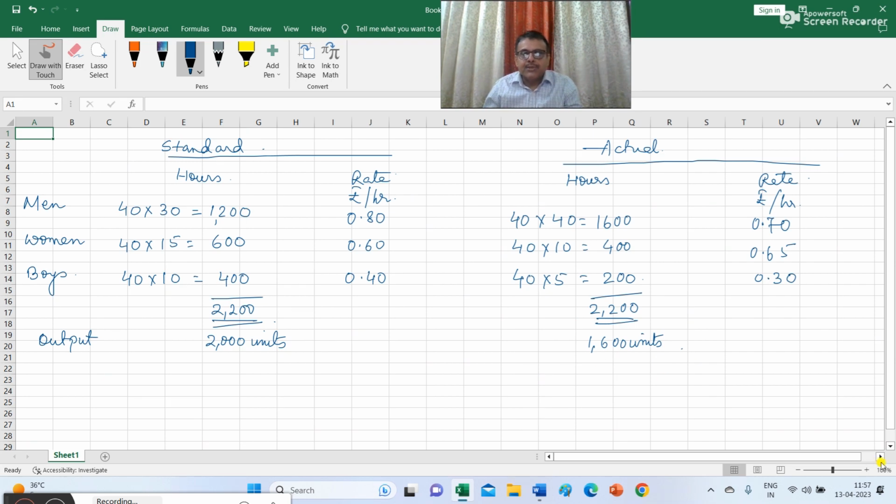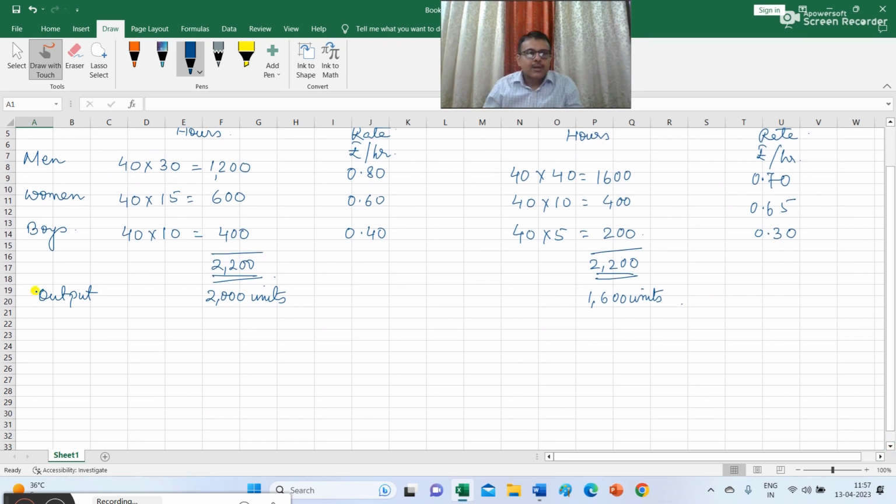So the first parameter is standard hours, that is SH. So this is standard hours for actual output. So this for actual output, this word is very important.